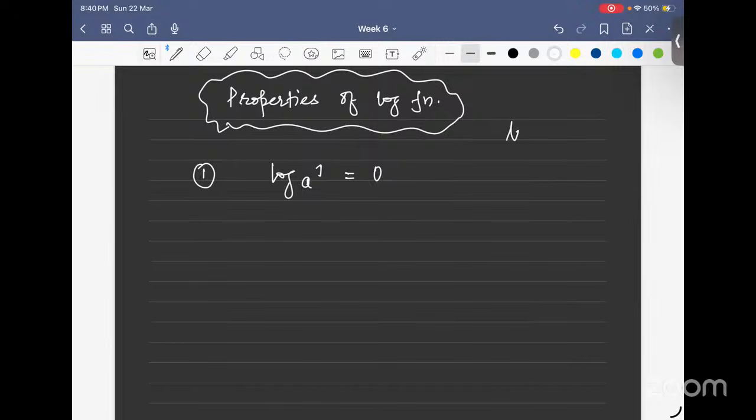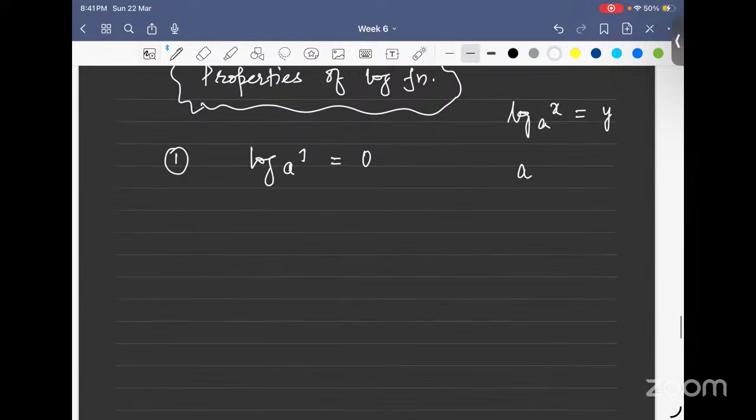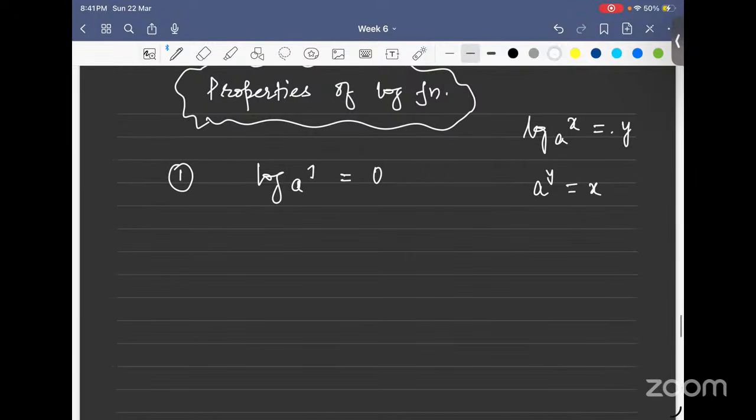If you have log of x base a equals y, how do you represent this? Generally you represent it as a to the power y, so this y comes as a power of a, and this is equal to x. Correct? Yes. This was the first thing that I should have told you.